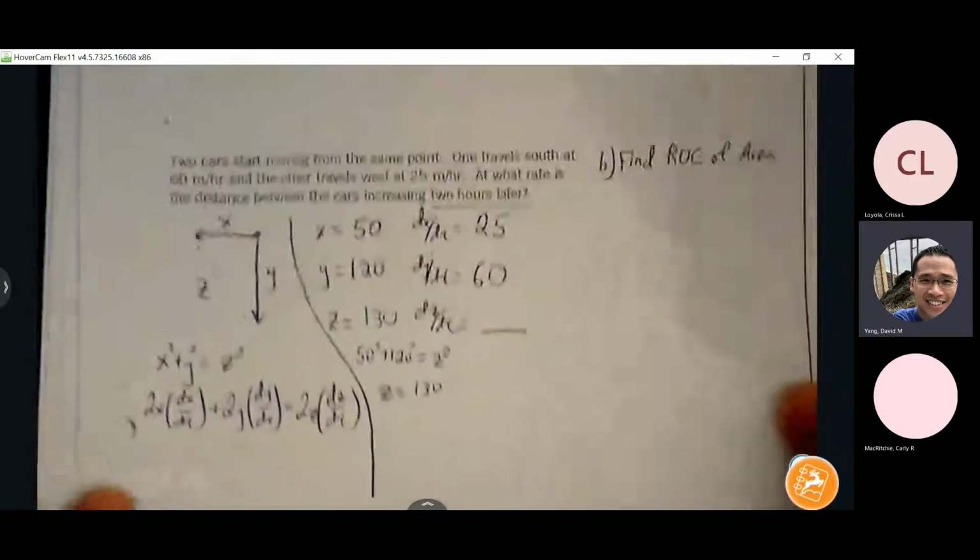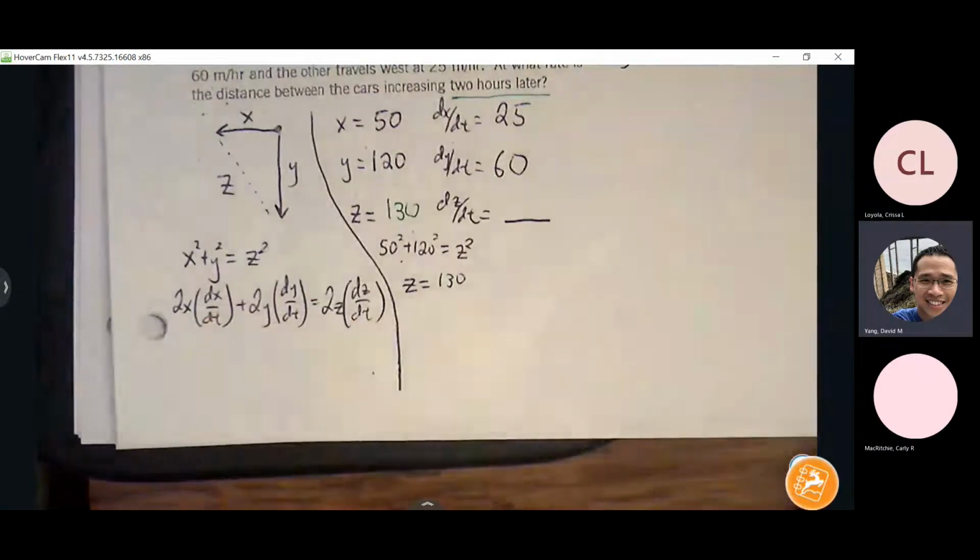Okay, so now we're in the clear. Insert everything in and use the calculator.